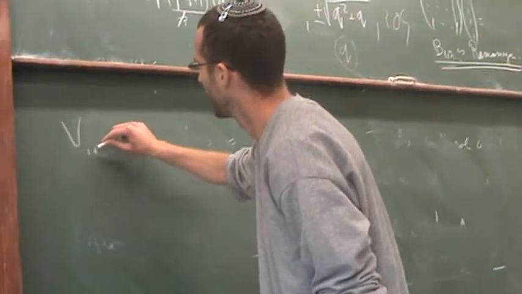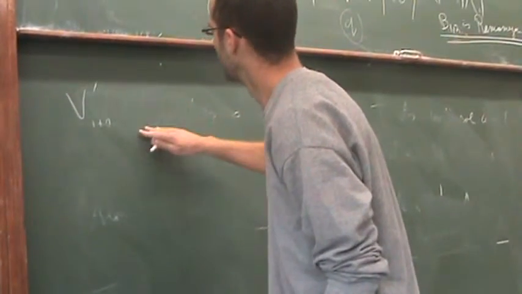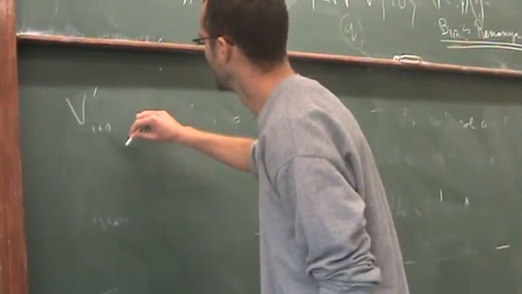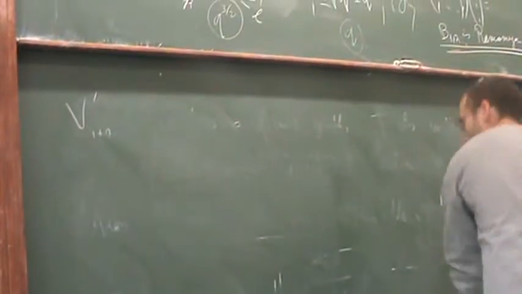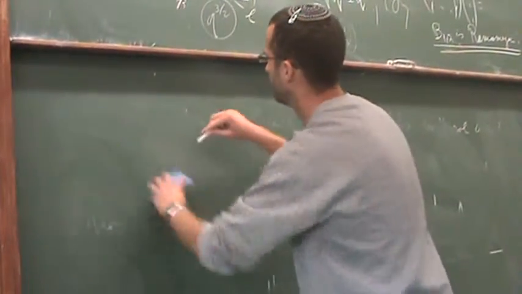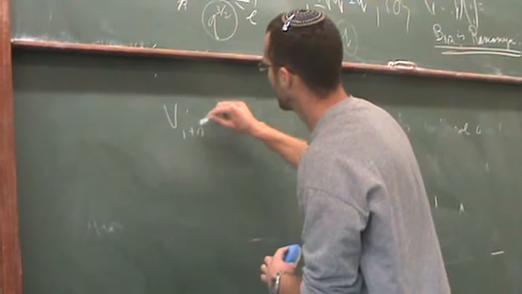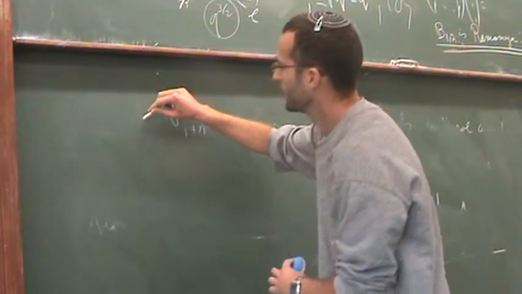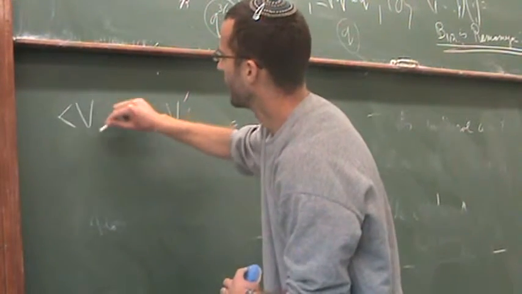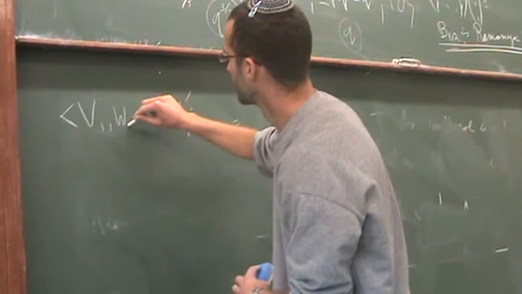So again, what I'm doing is, I replace V_{i+1} with V_{i+1} prime, which contains V_i and this vector from the intersection of the higher space.